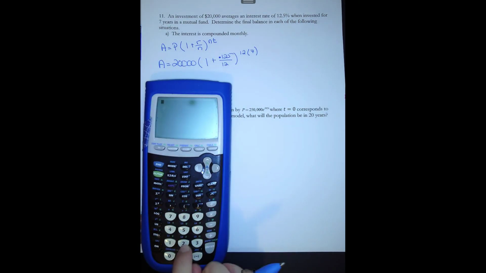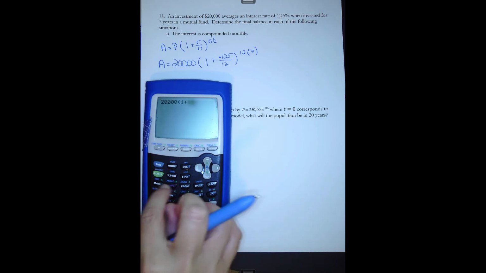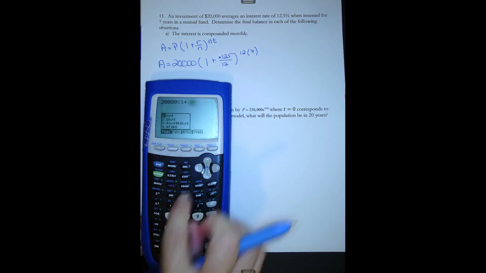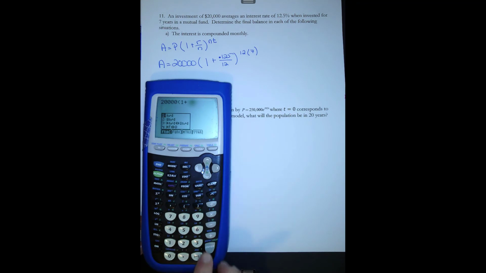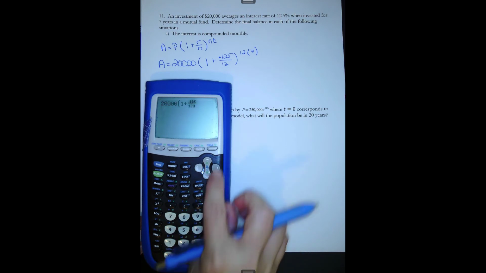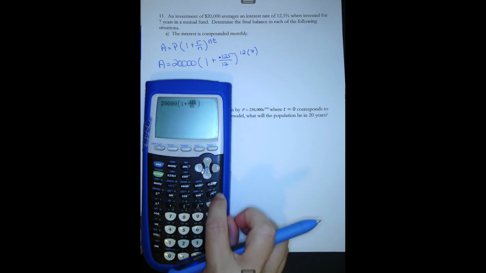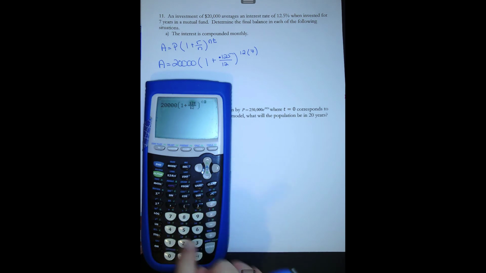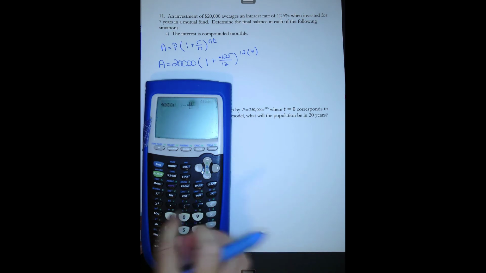And this is kind of making sure we're plugging this in correctly. So we have 20,000, 1 plus, and then I like to do the little alpha y equals to make our fraction, just so we are making sure everything gets in there correctly. So 0.125 divided by 12, and then that is raised to the 12 times 7.